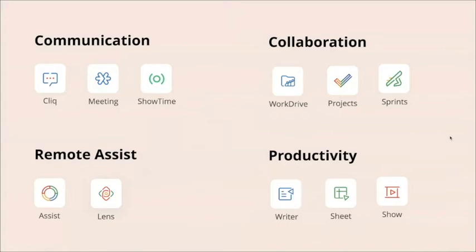Trying to communicate only through emails or text is very difficult, and often messages we intended to send don't get delivered. So considering all of these factors, Zoho Remotely is delivered as a suite of 11 carefully crafted applications which fall into 4 categories: communication, collaboration, remote assist, and productivity.